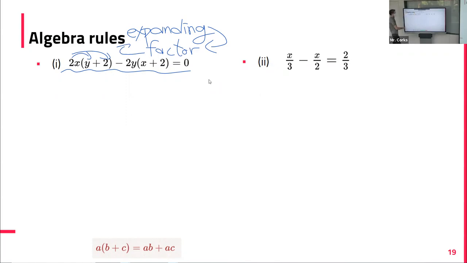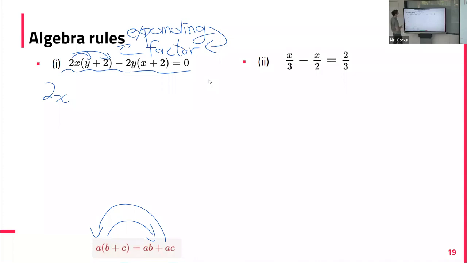But in this case, we're expanding here. So we're expanding because we multiply the a by both, and factoring means we are taking out the common element from each. So factoring out a from both of those.